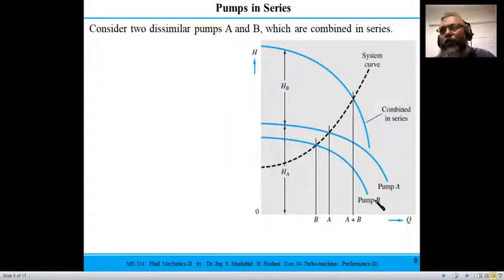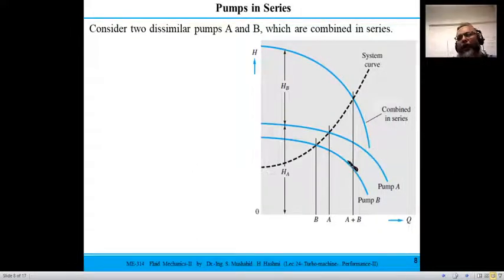Okay, now look more closely at the performance curves of the two pumps which are in series. Let's say this is pump A, which can give me some head HA, and we have pump B, whose head is somewhat smaller than the head for A. It means these two pumps are actually dissimilar pumps.